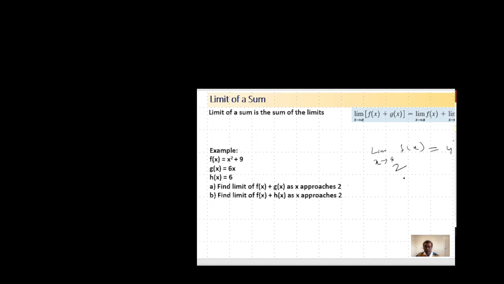Similarly, the limit of g(x) as x approaches 2 is 6 times 2, which is 12. So the answer is just the sum of these two: 13 plus 12 equals 25.